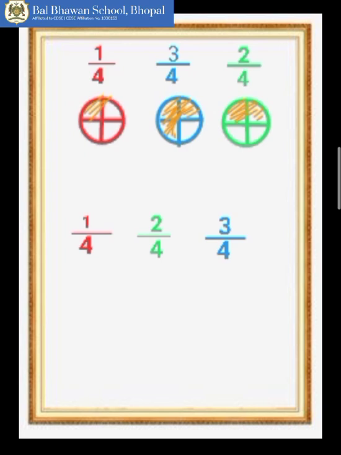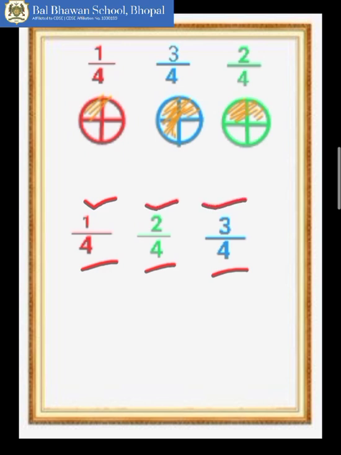Now children, as we can see, denominators of all these fractions are same. Here it is 4, here it is also 4, here it is also 4. And these fractions are arranged in ascending order of the numerators. That is, first is 1, then it is 2, then it is 3.